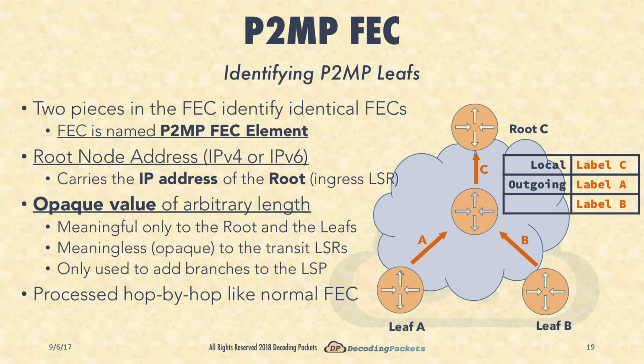So they will then proceed to compare the opaque values of all of the FECs that have been signaled for that particular root, that particular IP, and identify which ones are identical and then give them the same treatment. So what this allows for the upstream routers to do is to combine multiple branches of an LSP, as we discussed earlier. So that's our ultimate motive.